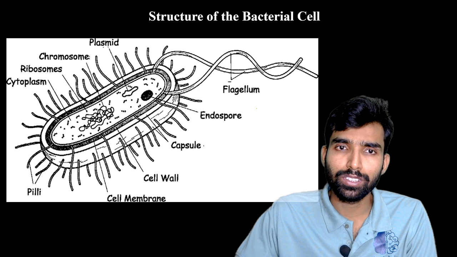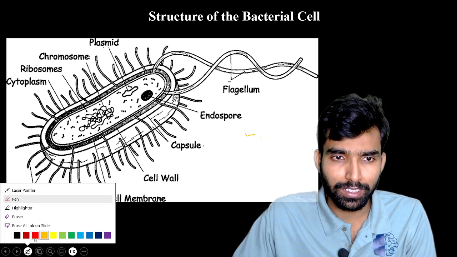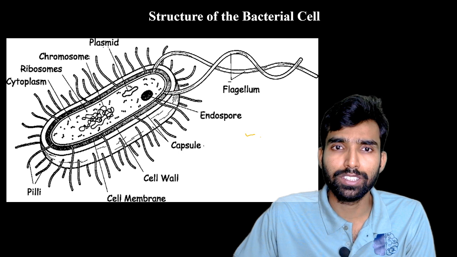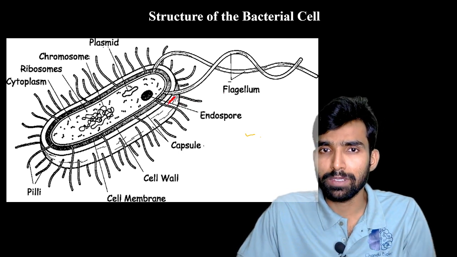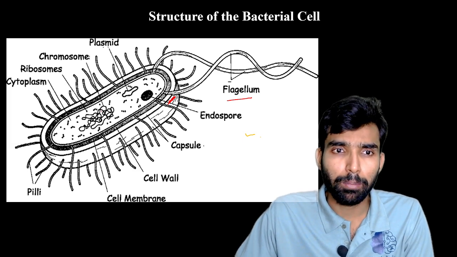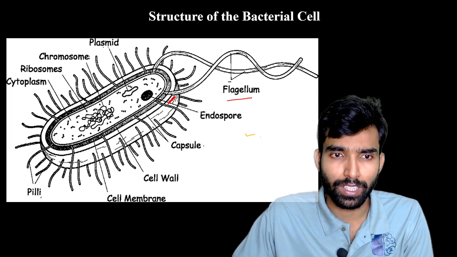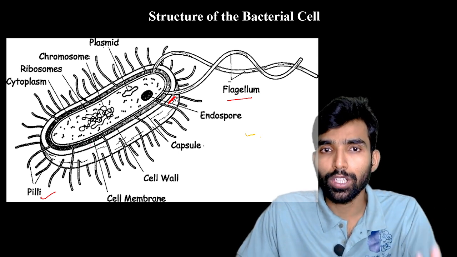So if we start with the outer layer, okay, let me change the color. Yeah, that's fine. If we go with the outer layer, in the outer layer we have a lot of surface appendages, right? Flagellum, right? And then pili are also there, right? So that's the outermost, right? Then what will we encounter?